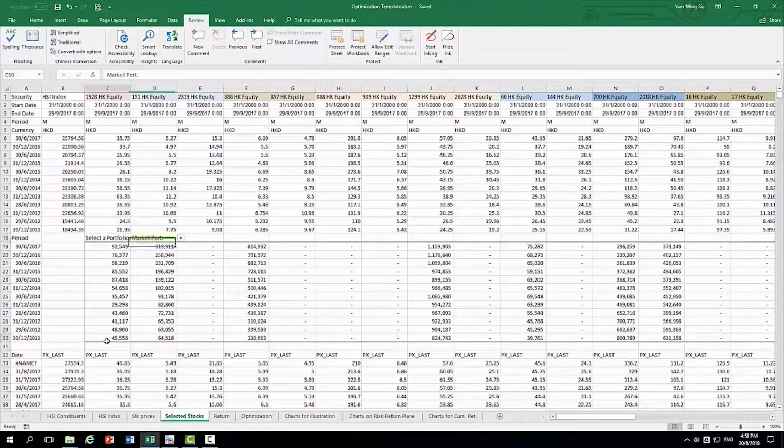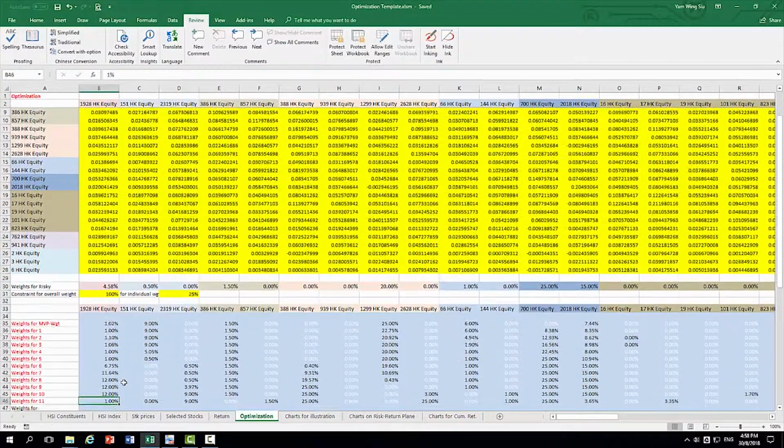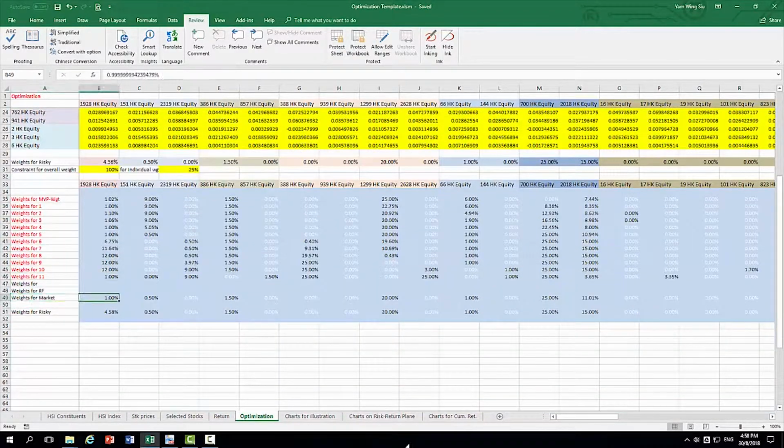If you buy shares in this amount, you will have the weighting of 1% in 1928, 0.5% for 151, 0% for 2319, and so on.